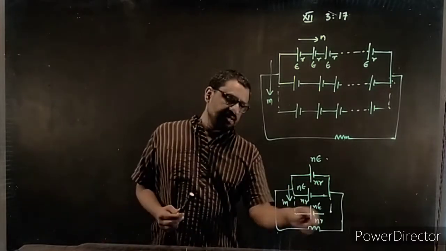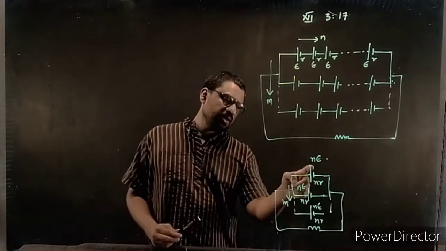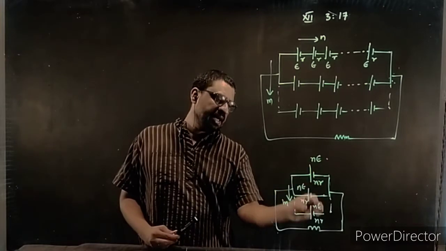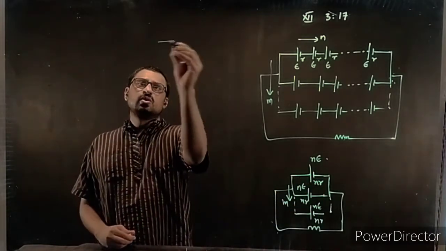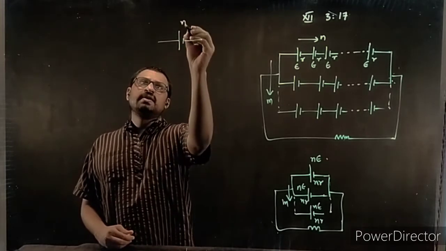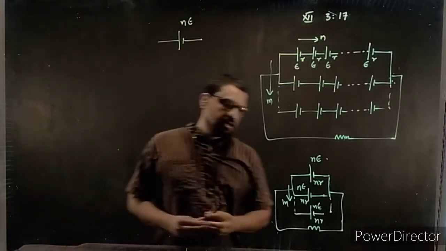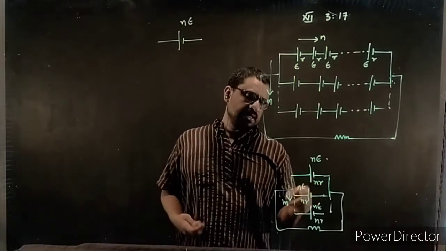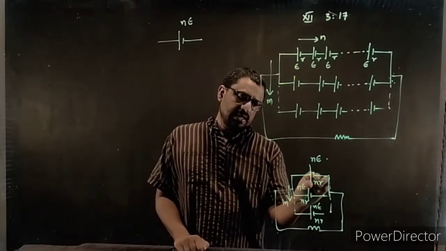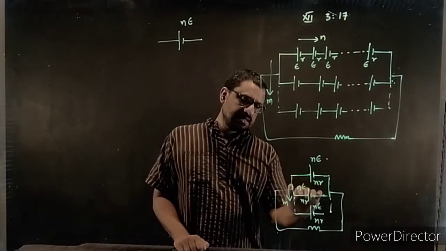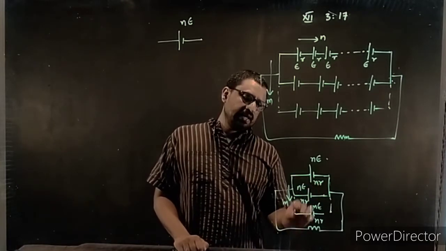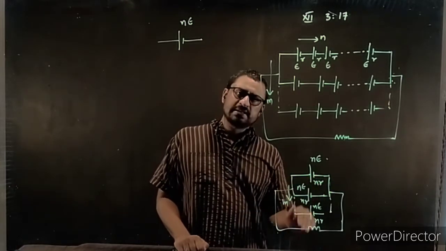Now you take all these. It's a very interesting thing. All these have the same EMF nE connected in parallel, so the end terminals are the same. So one branch will have an EMF nE, and all have the same internal resistance, which is nr, and such m branches are there.